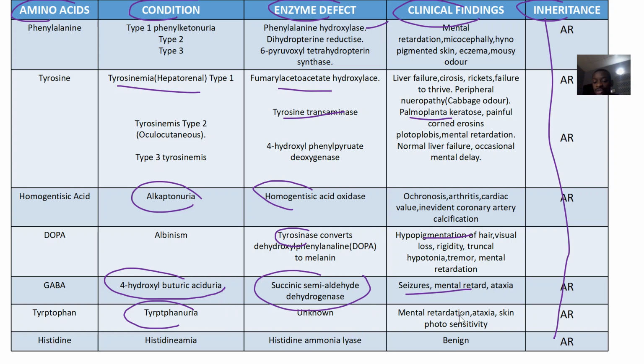Clinical presentation: mental retardation, ataxia, skin photosensitivity. For histidine, you can have histidinemia. The enzyme deficient there is histidine ammonia-lyase.